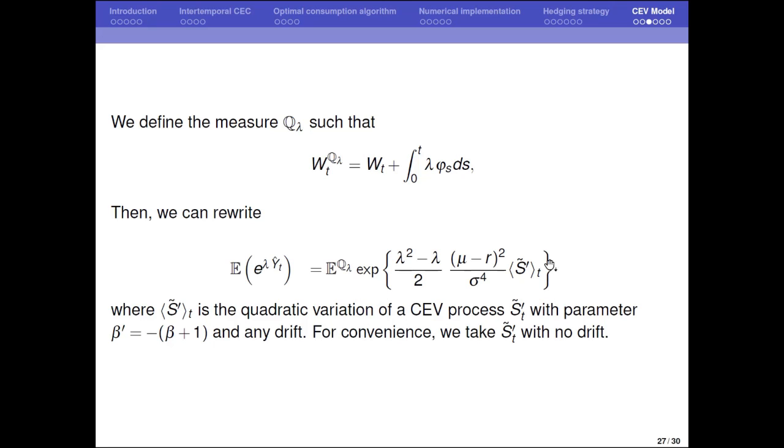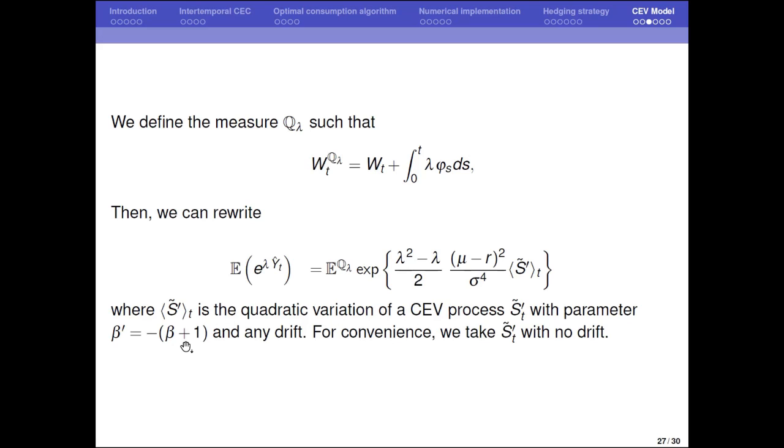And this, what remains, is something in terms of lambda multiplied by a quadratic version of a CEV process with parameter minus beta plus 1.